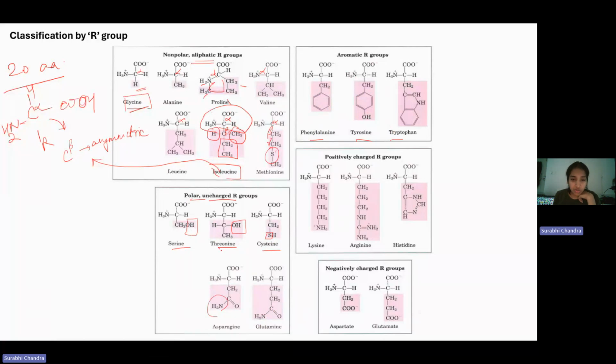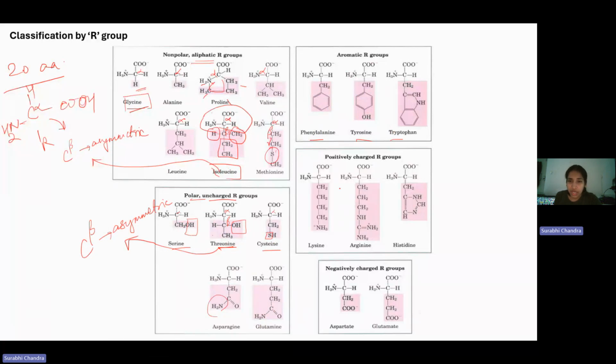Now again, all these alpha carbons here are asymmetric. But in case of threonine also, the beta carbon is asymmetric. So threonine and isoleucine have two asymmetric carbon atoms.